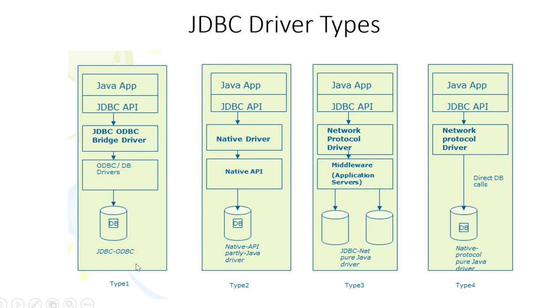The type 1 driver is also known as the JDBC-ODBC bridge driver. Look here, the JDBC-ODBC bridge driver. You can think of it as a double translator. Let's see how it works.